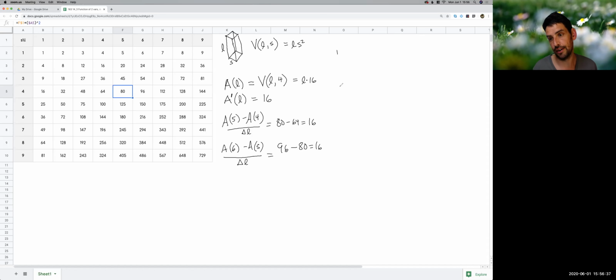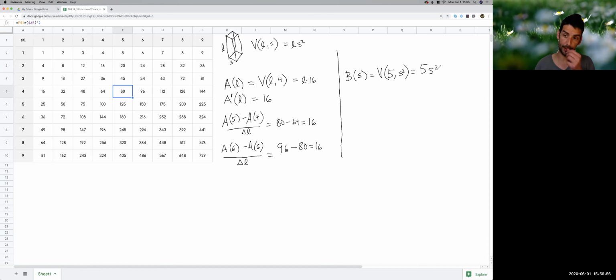Now let's compare to a different function. Let's take B of S. This is going to be the volume if we fix the height at 5 and leave S to vary, and I get the function 5s squared. It's kind of a novel concept, just like over here. We're fixing one of the variables in our original function.